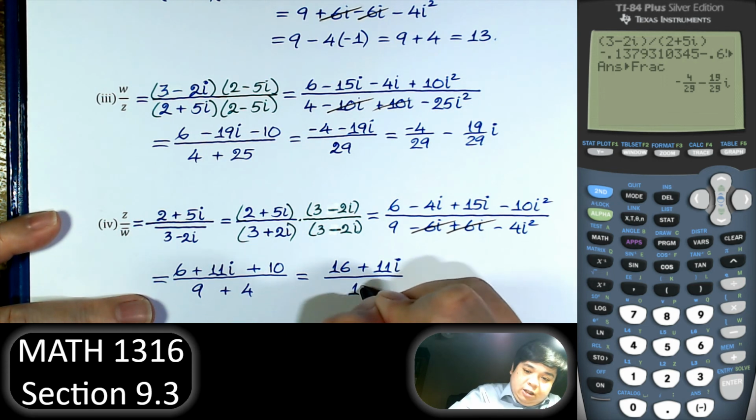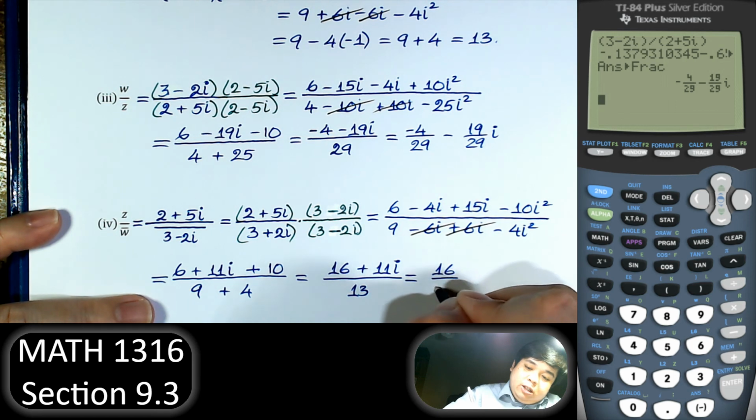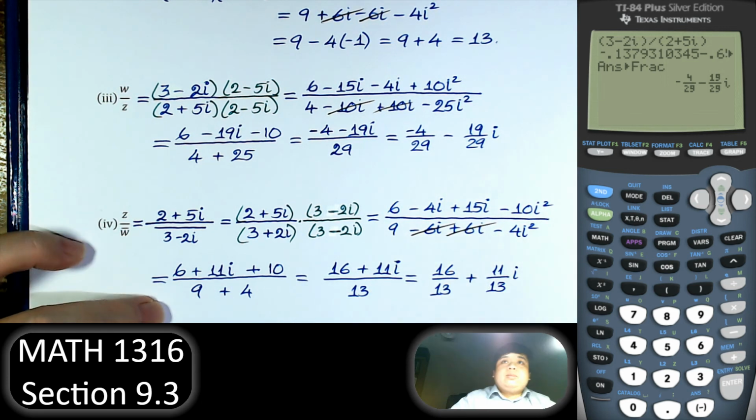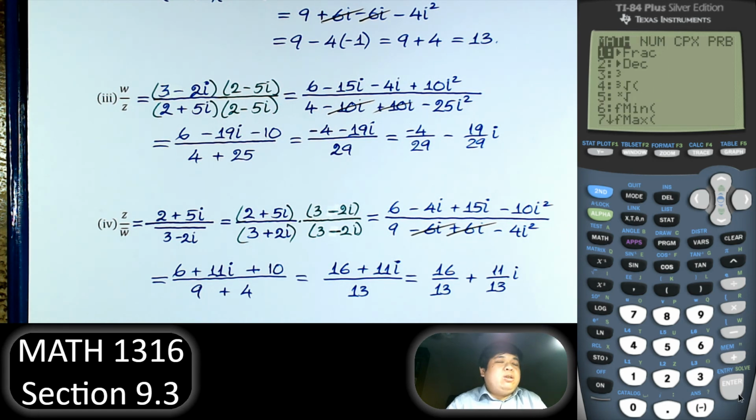over 13. And we split, so we have the real part plus the imaginary part times i. Right. So let's see. We have 2 plus 5i divided by 3 plus 2i, and convert to fraction.